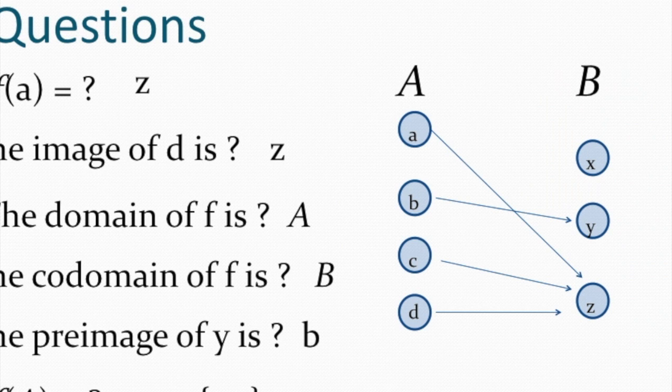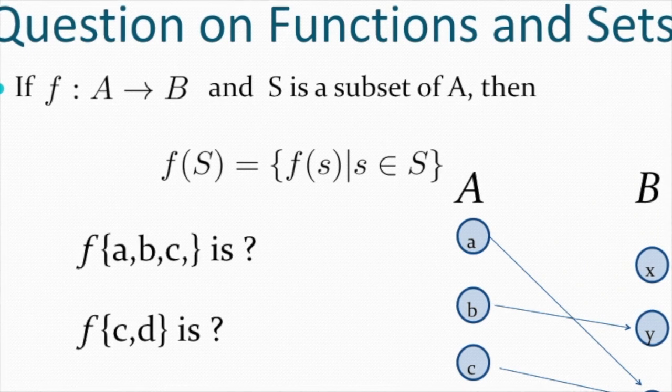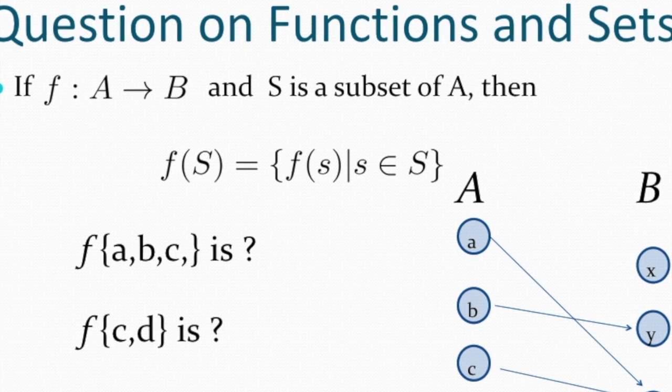Let us take another example. If we have a function which is a mapping between the set A and set B, and S is a subset of A, then the function of this small subset can be defined as f of S, where we have S belonging to the subset S, capital.